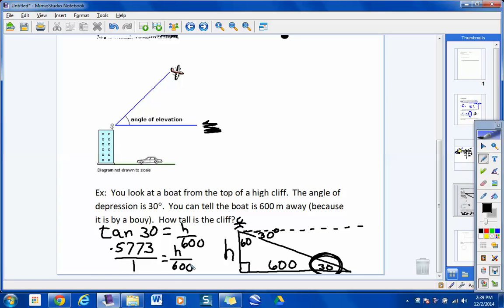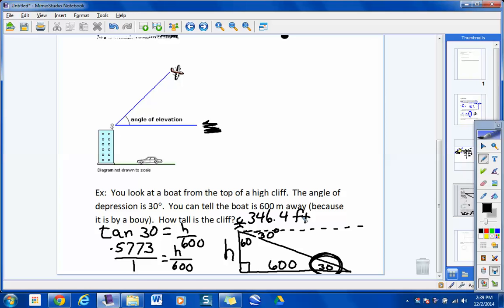Now we can just cross multiply and divide. H equals 346.41, so about 346.4 feet tall. Any questions about what I've done here?